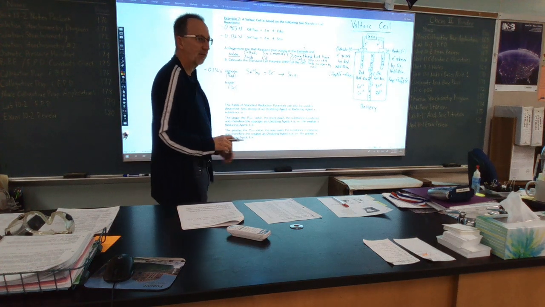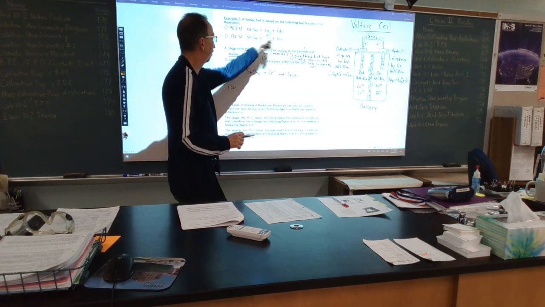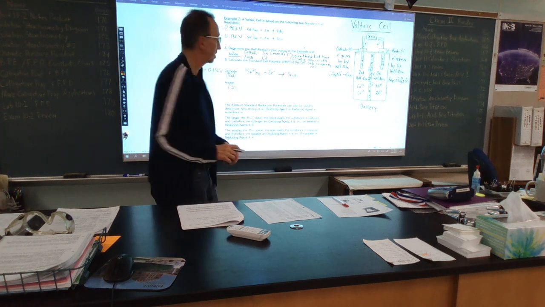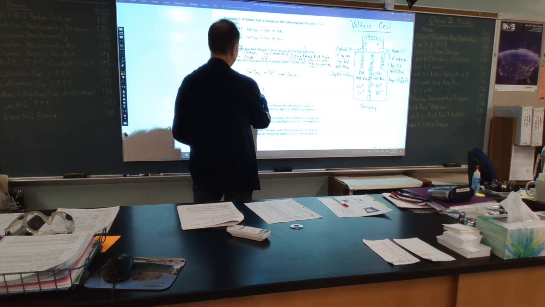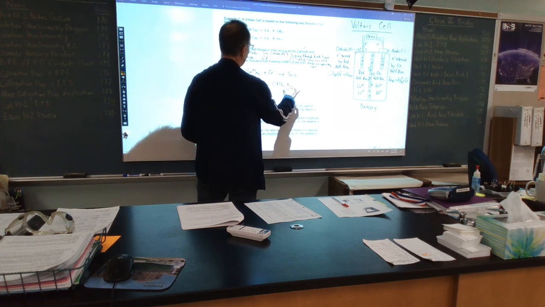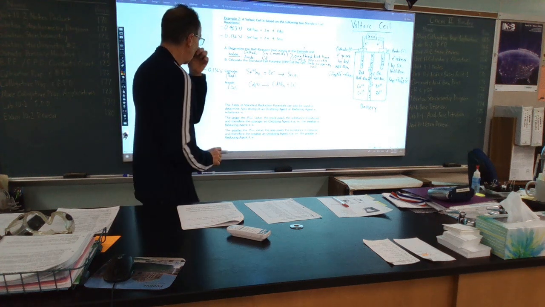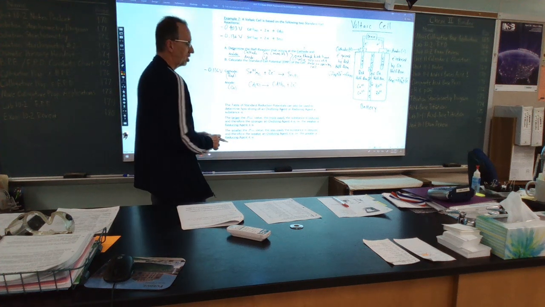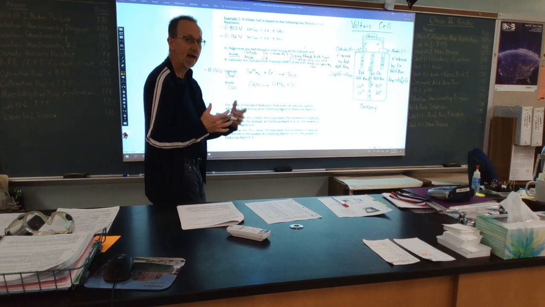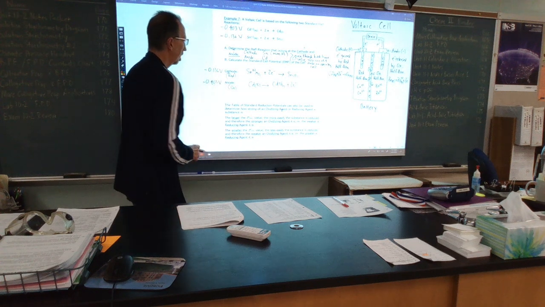Our cadmium half reaction is going to become our oxidation half reaction. So we're going to flip this around to make it oxidation. So this would be Cd (solid) going to Cd2+ (aq) plus 2 electrons. Again, we don't need to change the sign. Remember, our math says we don't have to. So this is negative 0.403 volts.